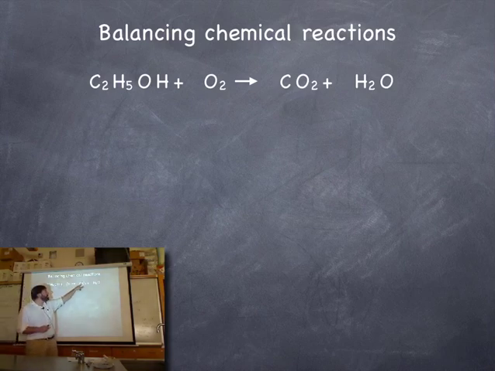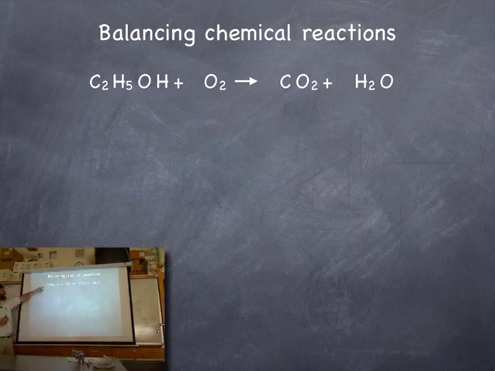I can't put a 2 in subscript here. That would change what the molecule is, and then it doesn't match the words that we were given. When you are balancing, the only thing that you can change is the coefficient, the big full-size number that you write in front of a molecule to indicate how many are there.